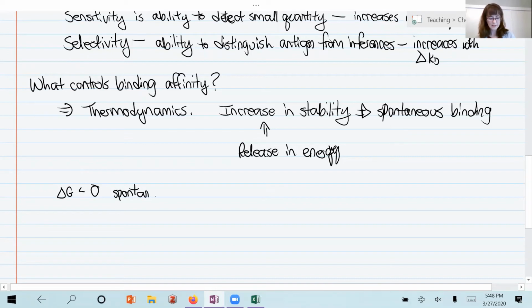And then for that to be true, or to figure out the conditions under which that is true, we can go back to our basic definitions of delta G. So the change that we get in energy upon binding, which I'll actually write out the word binding so that we know which direction we're going with our reaction. And recall that for binding, it's this process in the forward direction where we're getting the RL complex.